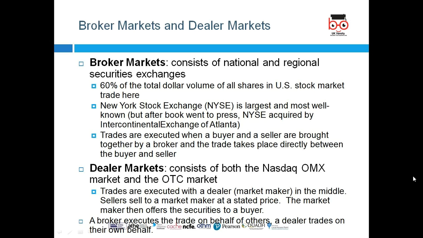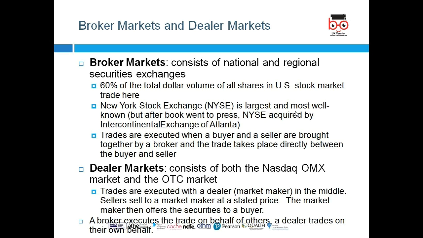And the broker market, like in other countries, you can say the New York Stock Exchange. New York is dealing with the whole world as well. But the regional investor can use the local stock exchange as well. So they trade, buy and sell.